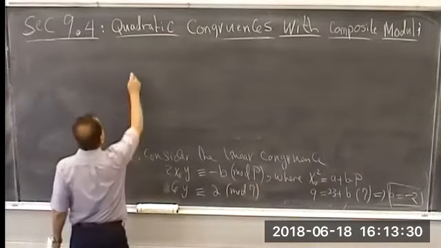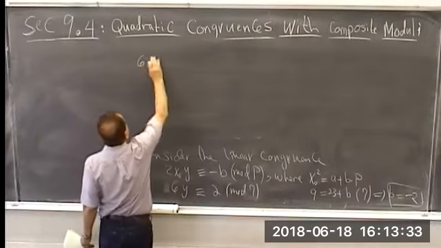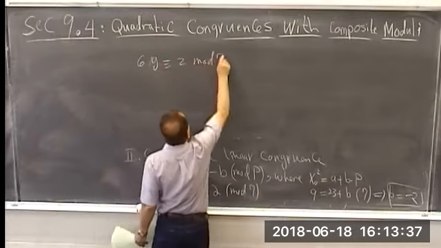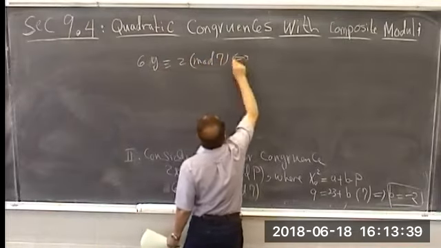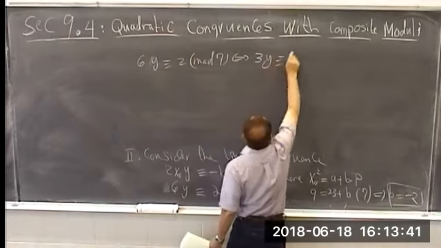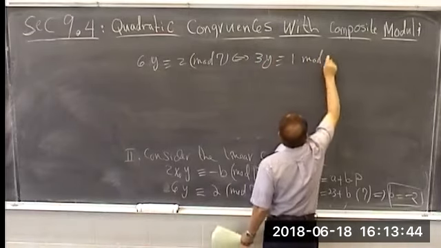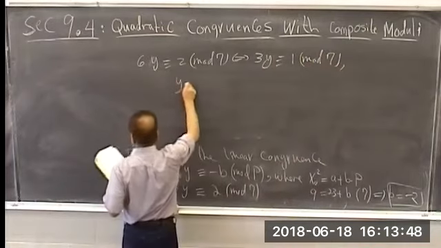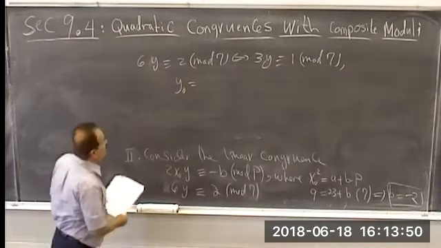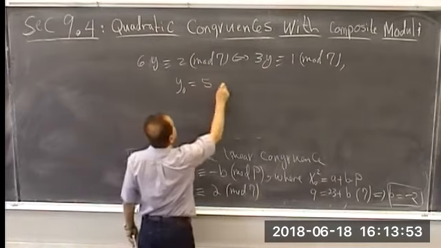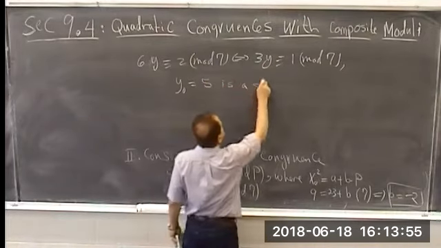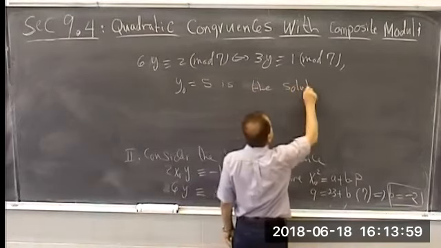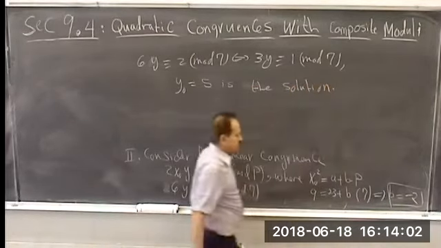So 6y congruent to 2 mod 7 is equivalent to 3y congruent to 1 mod 7, and this y0 is actually equal to 5, is the solution mod 7.